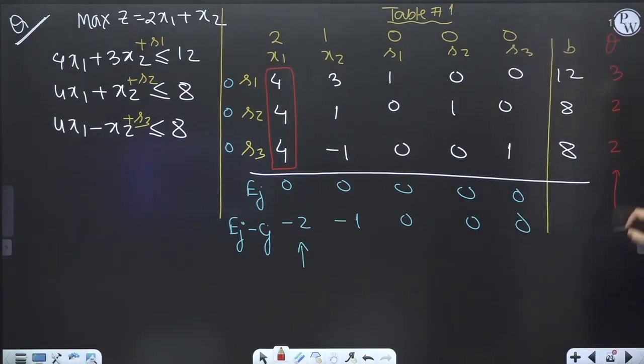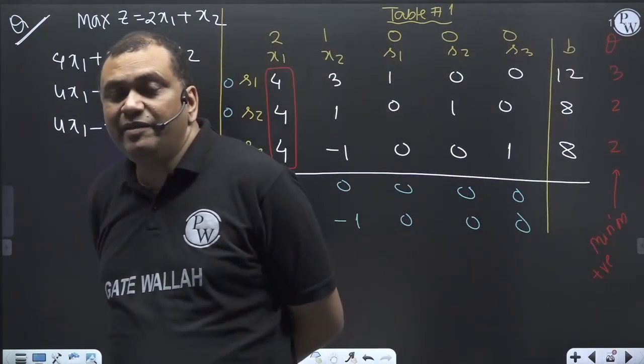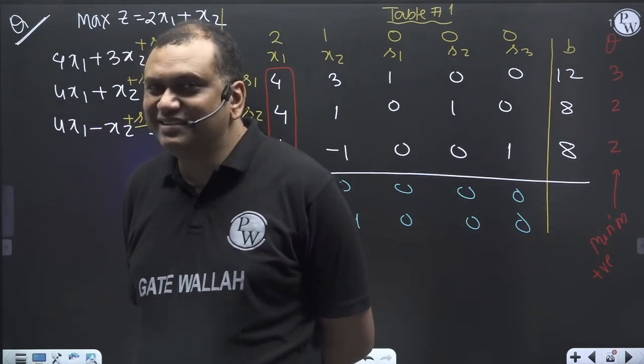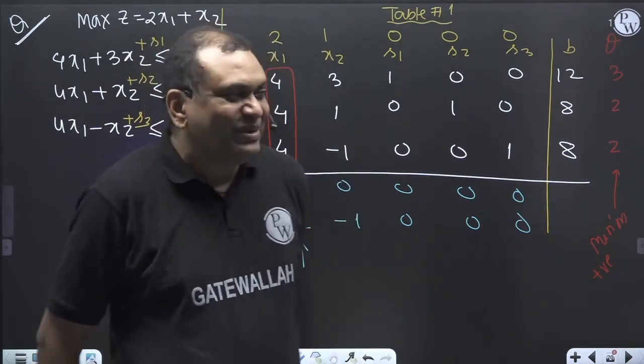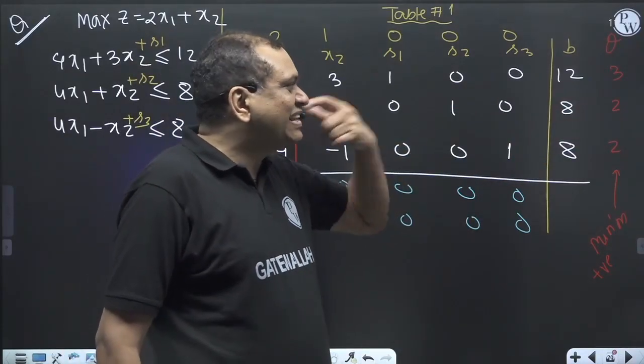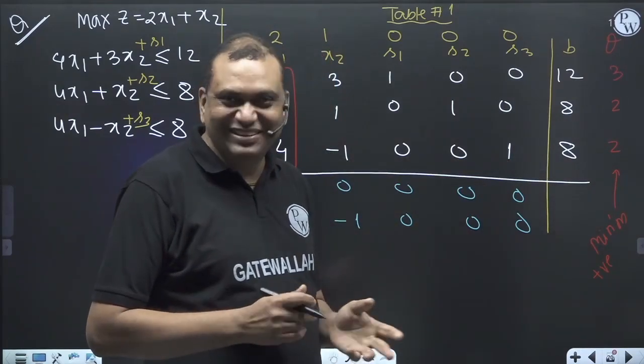We select the minimum positive from the theta. The problem is there are two minimum positive values, the same value, 2 and 2. Now what will you select? This 2 and this 2. What will you do?